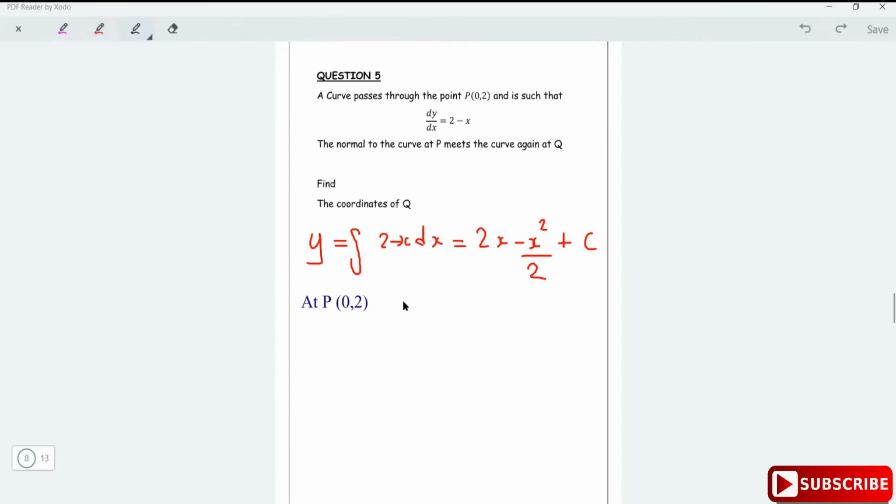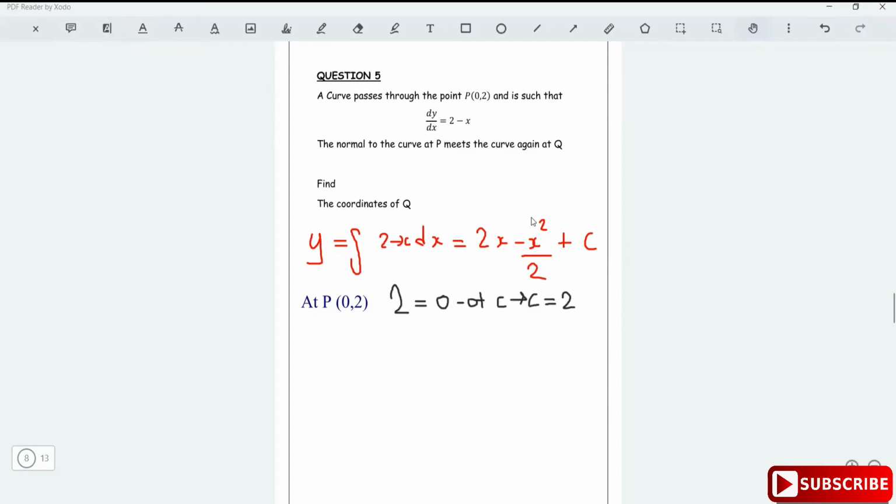So we plug in x as 0: 2 is equal to 0 minus 0 plus c, which implies that c equals 2.